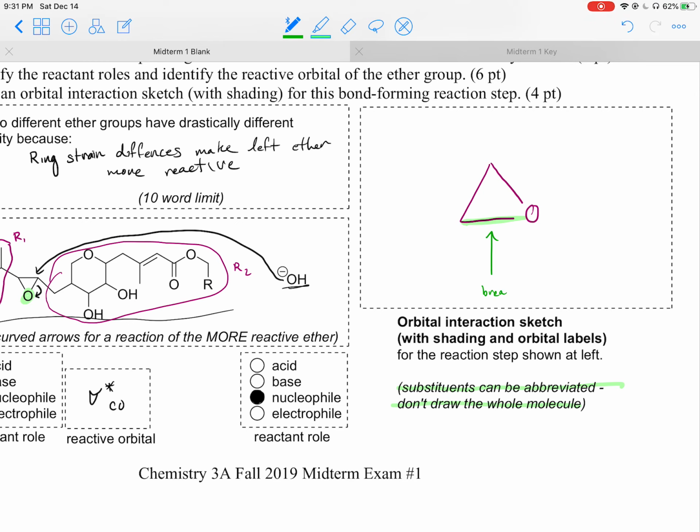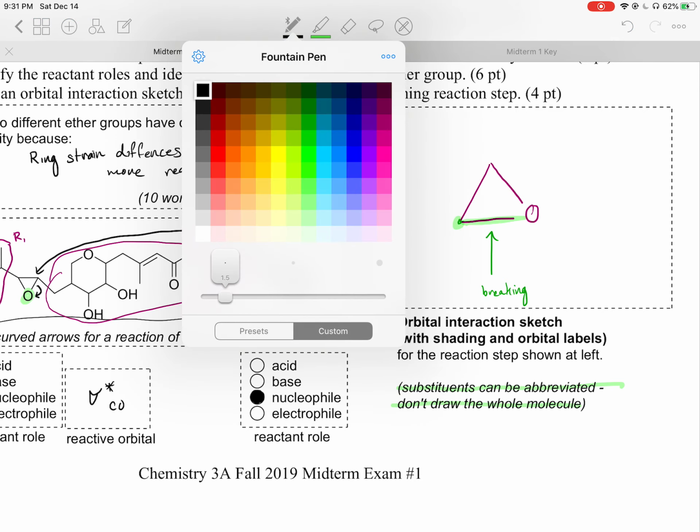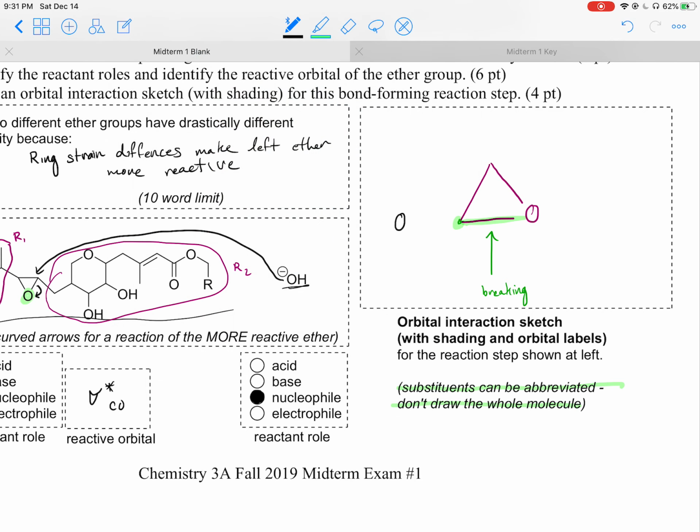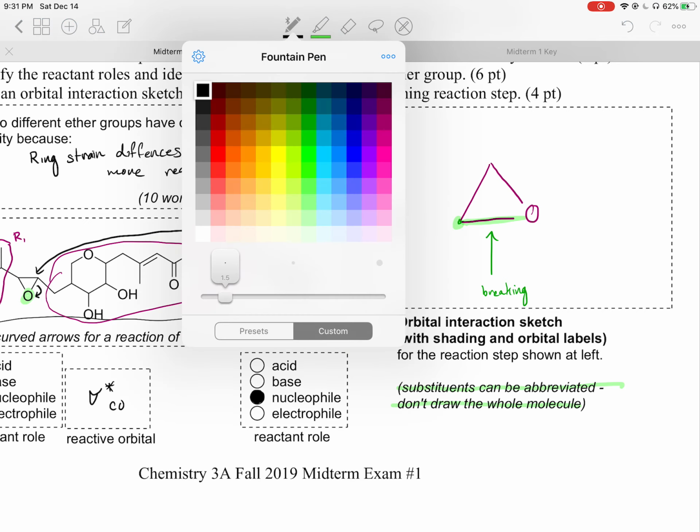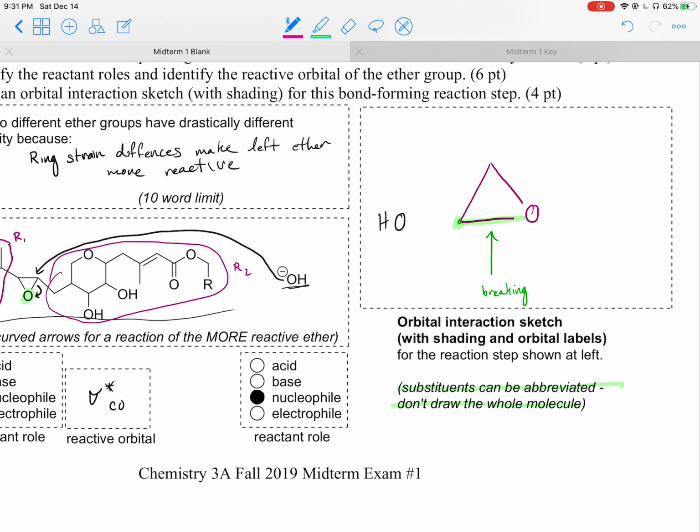This bond right here is going to stay the same, so we don't even need to worry about that. And this carbon is making a bond to the OH group. So we're going to draw our little OH over here. Oh, and we need to include our two R groups. Can't forget that.